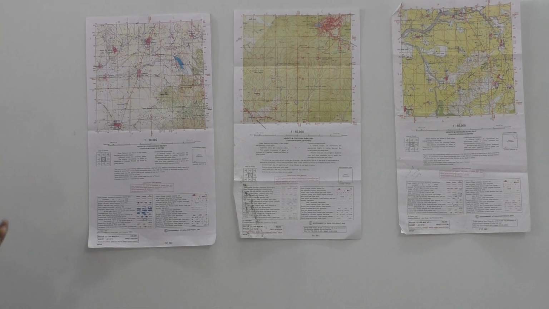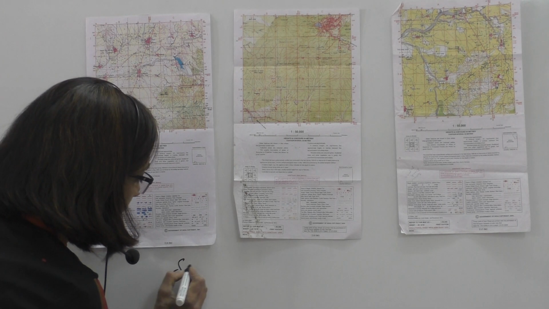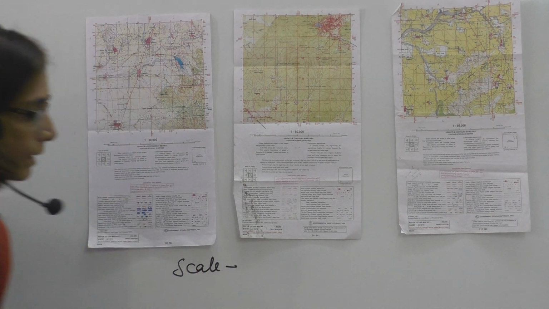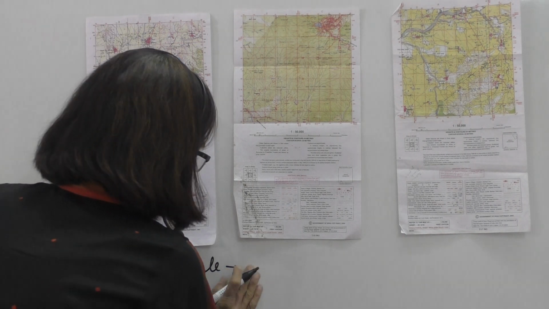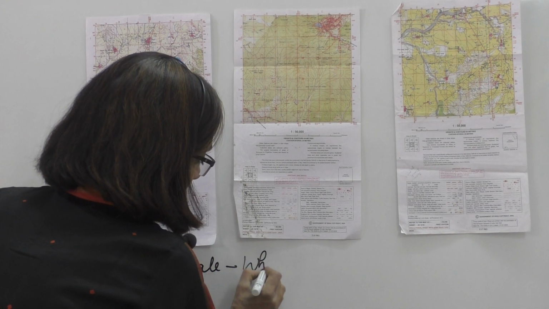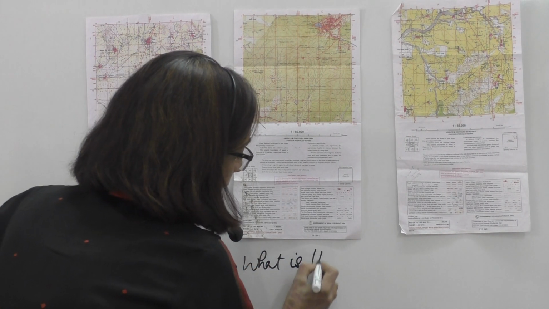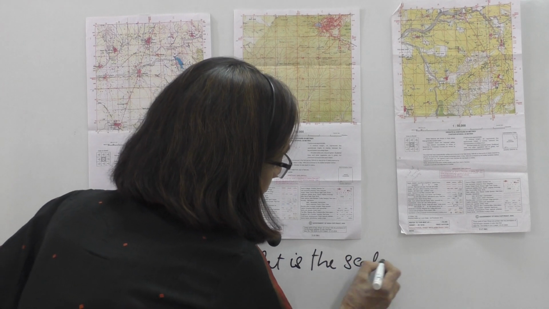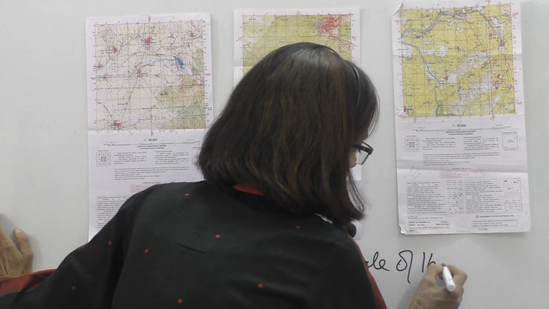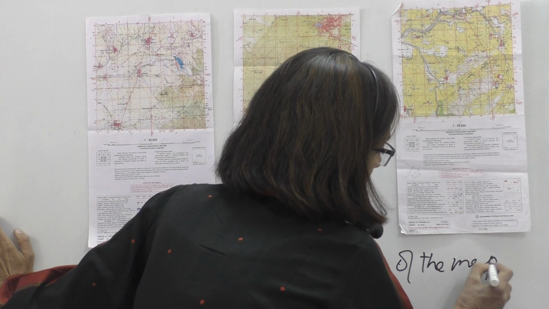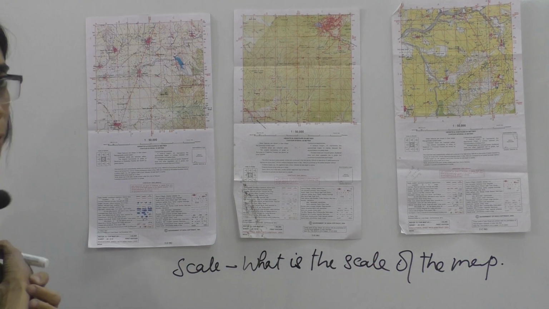Yesterday we said that in topographical maps, a frequently asked question is about the scale of the map, and here you need to remember the definition. They generally ask you what is the scale of the map, and they may ask you to define it.